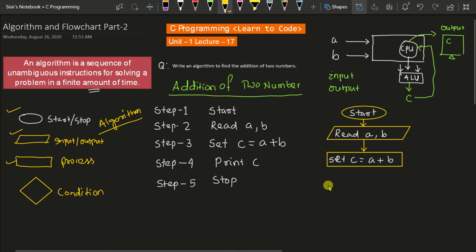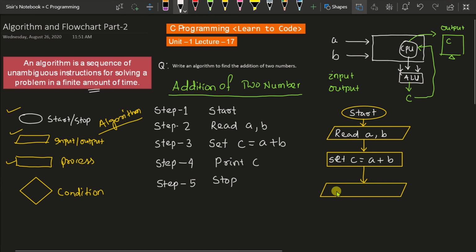So I have to draw the output symbol again. Input and output are both the same symbol. Let me erase it and draw it correctly. So this is the output symbol I am drawing here. Then I will use the arrow mark, that is called the flow line.